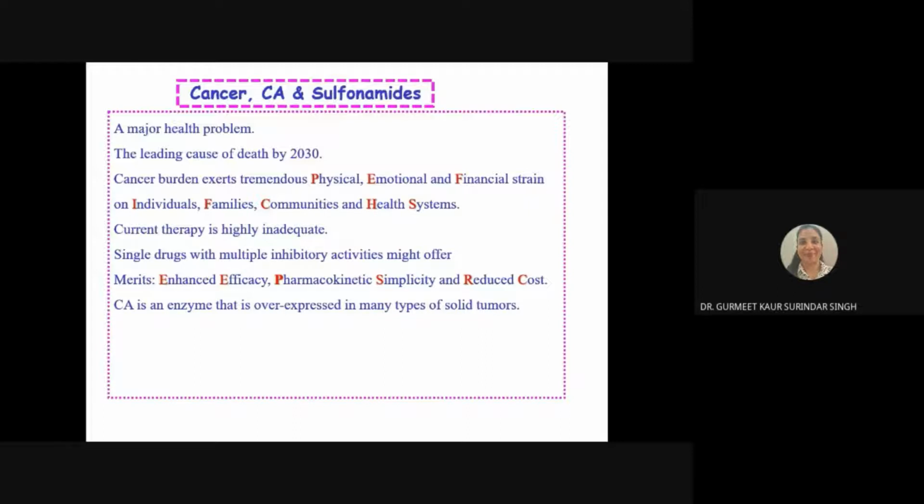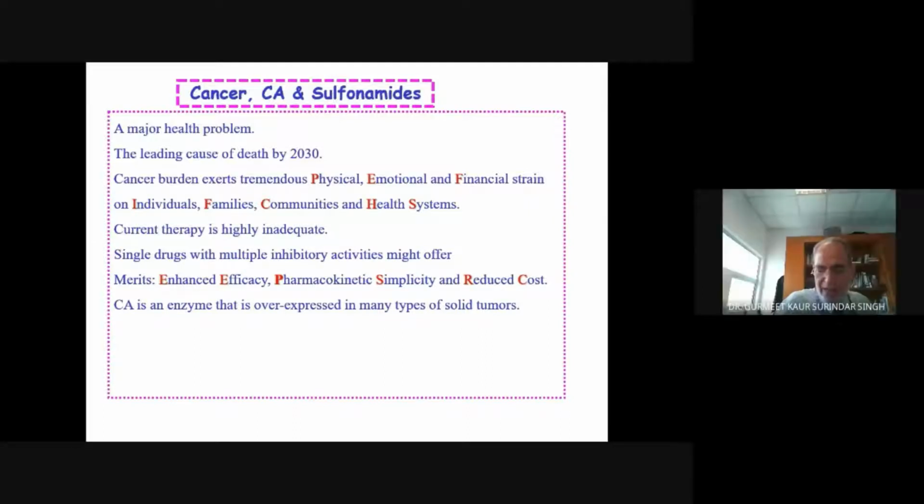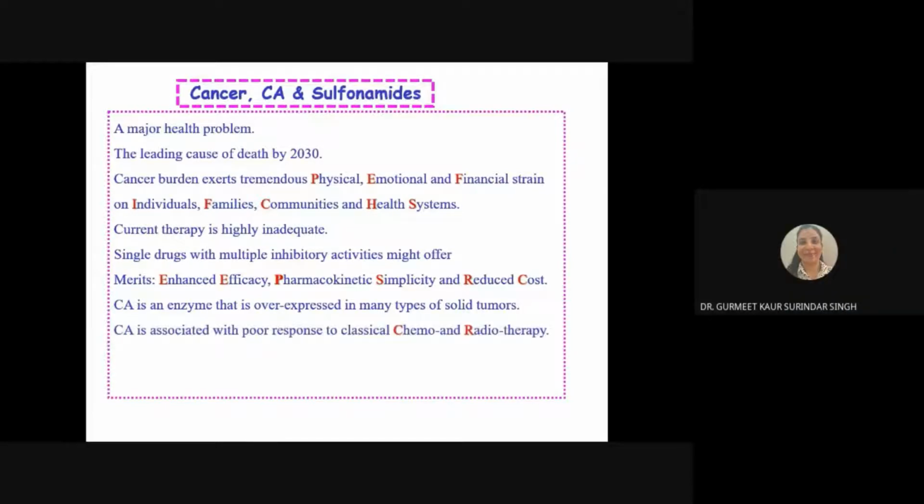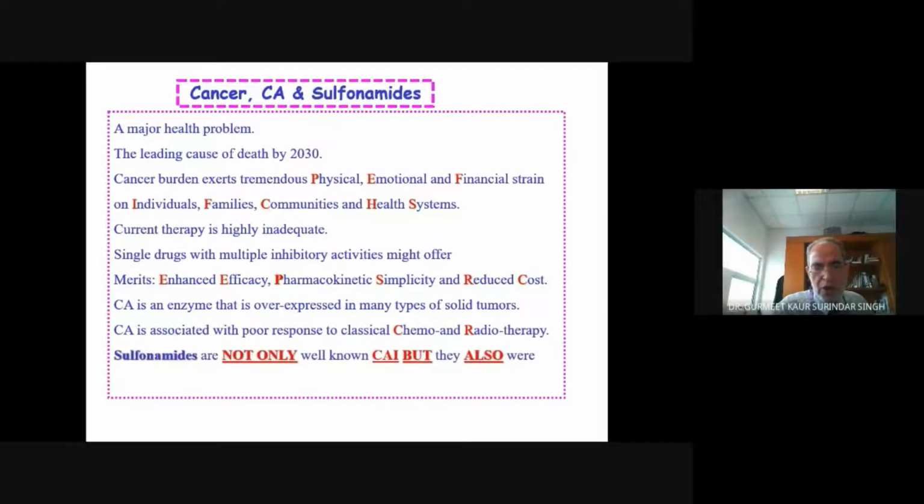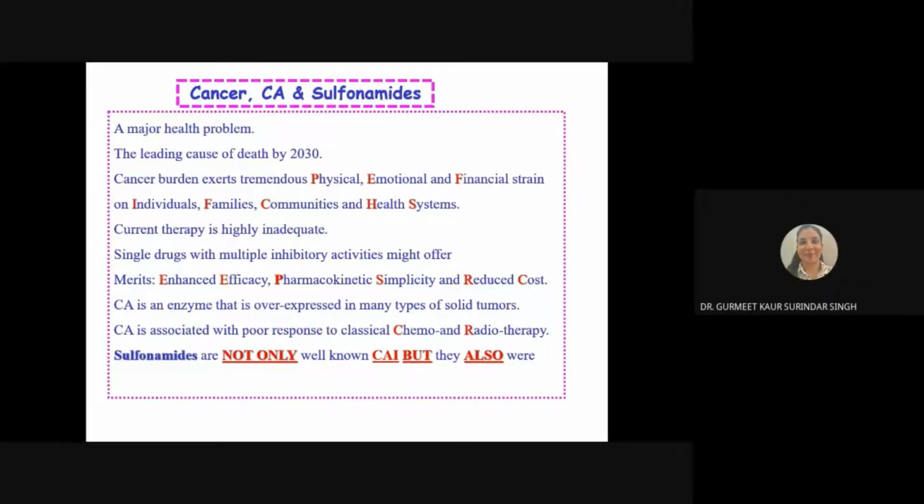The most important point on carbonic anhydrase is the reduced expression in normal tissues regarding carbonic anhydrase 9 itself, and the overexpression in solid tumors. And the beauty of sulfonamide is that, according to some literature, it is shown to be localized specifically on tumor tissues.